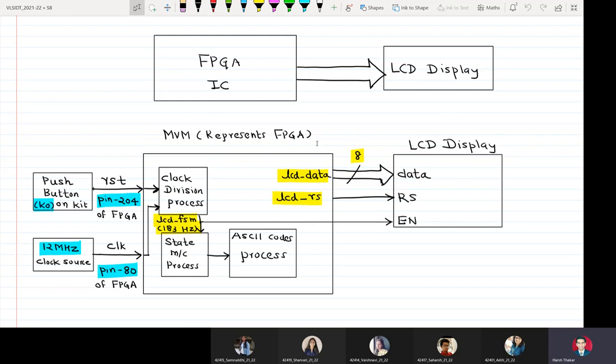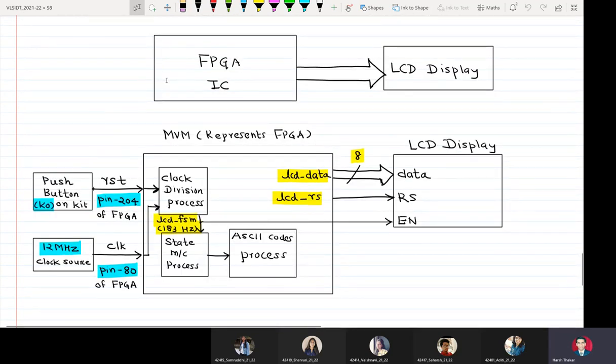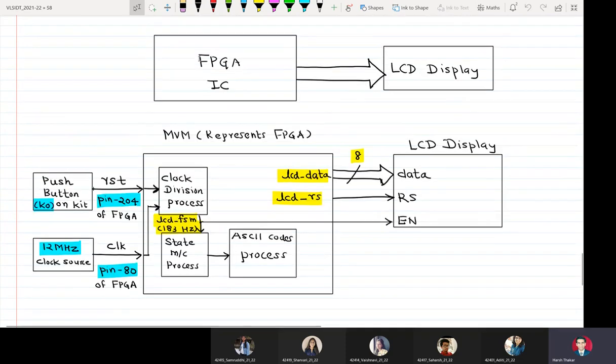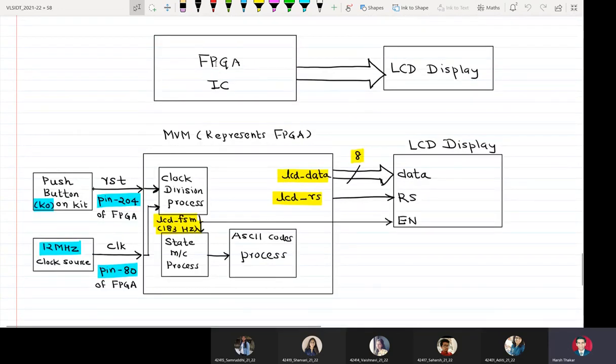Now coming to the second diagram, we know that this particular rectangle written as FPGA IC now takes a broader form with more details. Here we can see the same rectangle expanded, with many things inside the block and many things to the left and right of the block.